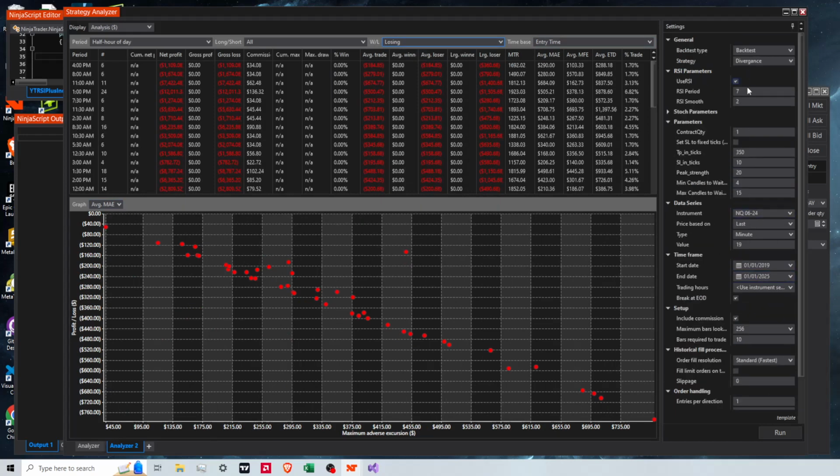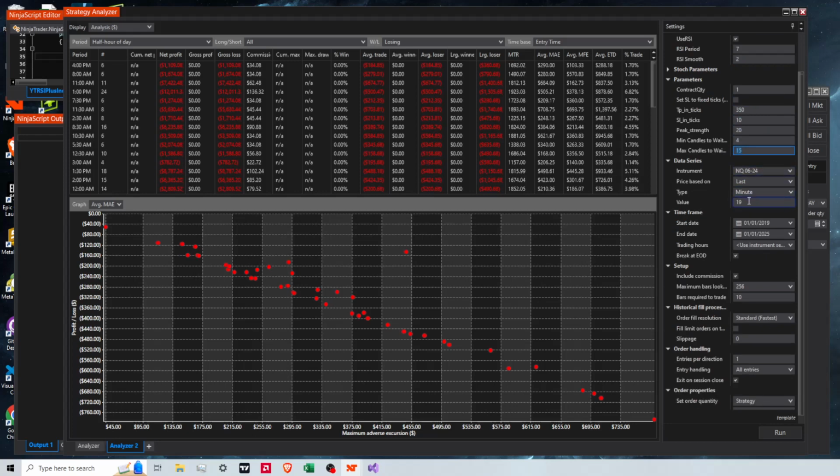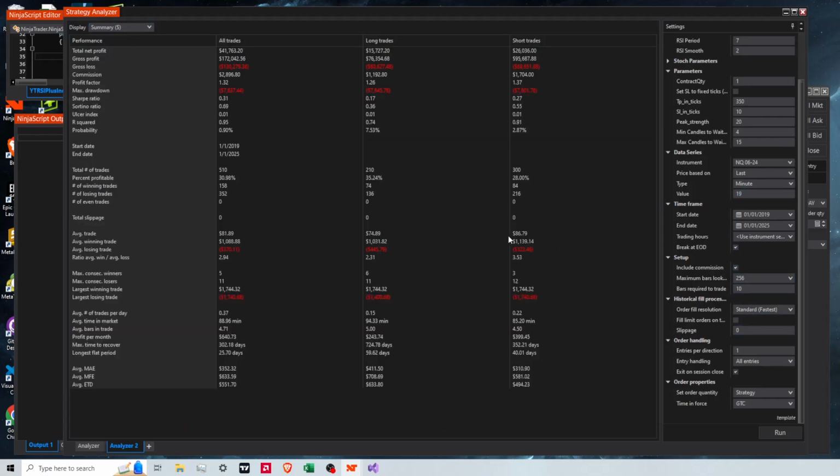Here are all the parameters. RSI on, RSI period 7, smooth, that doesn't matter, we don't use it. TP 350, stop loss 10, 20 for peak strength, 4 candles wait 15, 19 minute. And yeah, this was also with commissions, no slippage though.